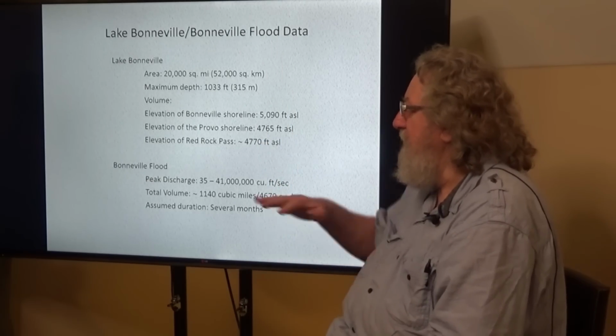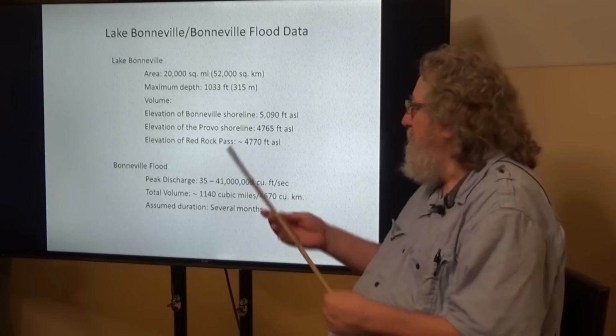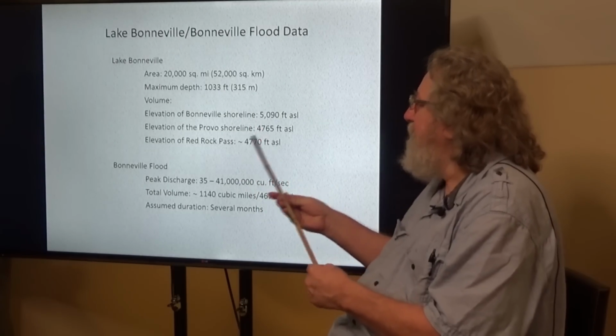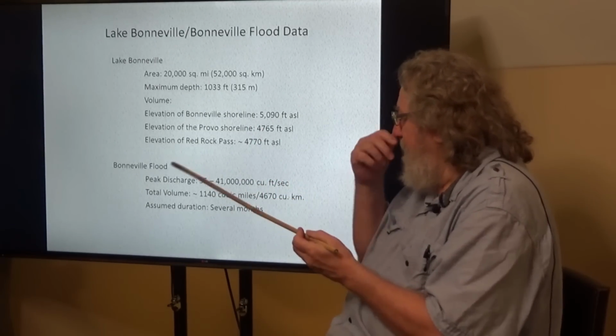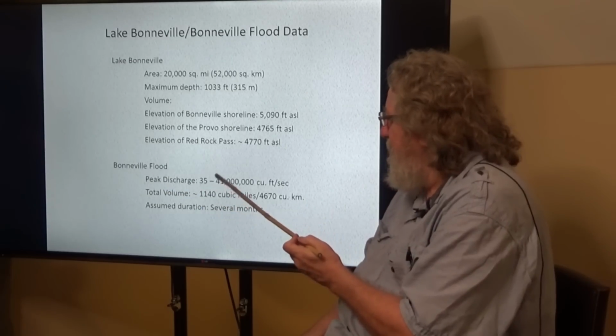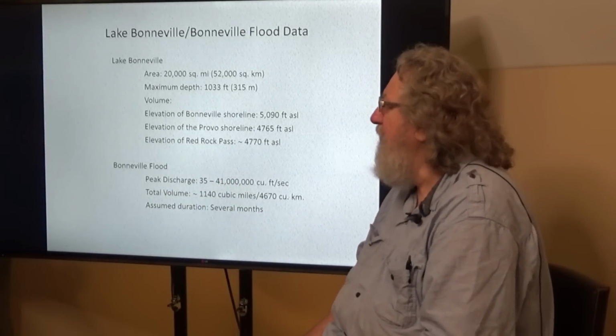There have of course been isostatic adjustments that would throw that off, but there was a shoreline that formed at the elevation of Red Rock Pass. The Bonneville flood itself had a peak discharge of up to 41 million cubic feet per second, which is an extraordinary volume of water.